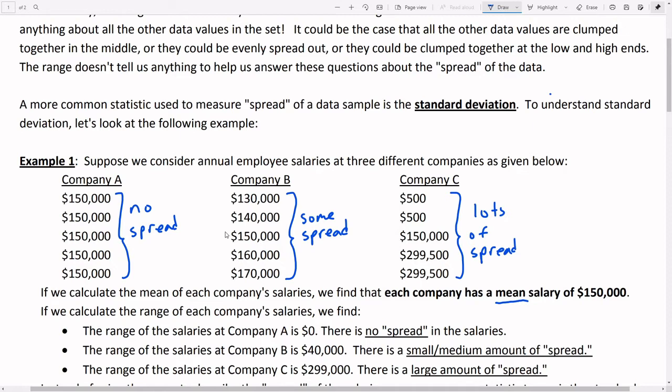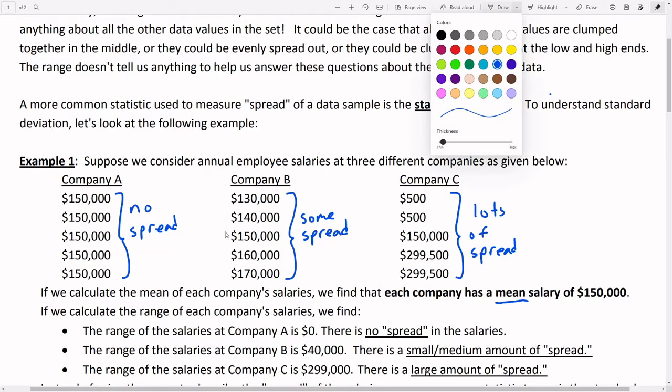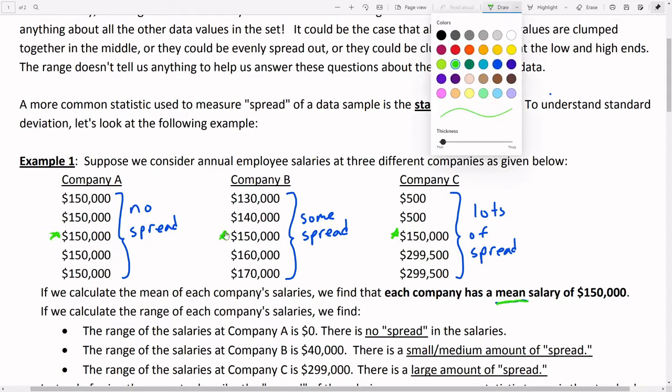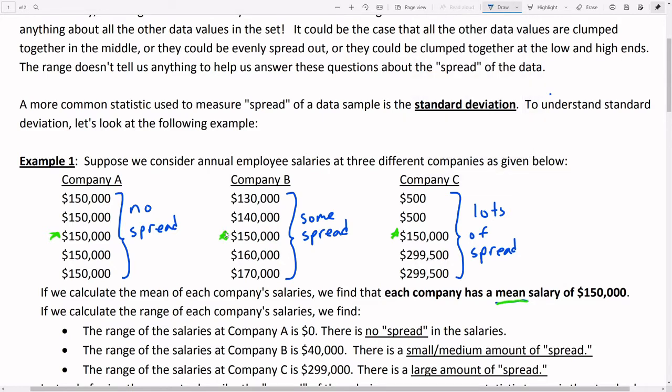What we're going to be doing is, when we calculate standard deviation, we take the mean of our data set, which in this case, because the problem's set up nicely, the mean here is actually the same for each of these companies. It's 150,000. So standard deviation specifically, what does it do?